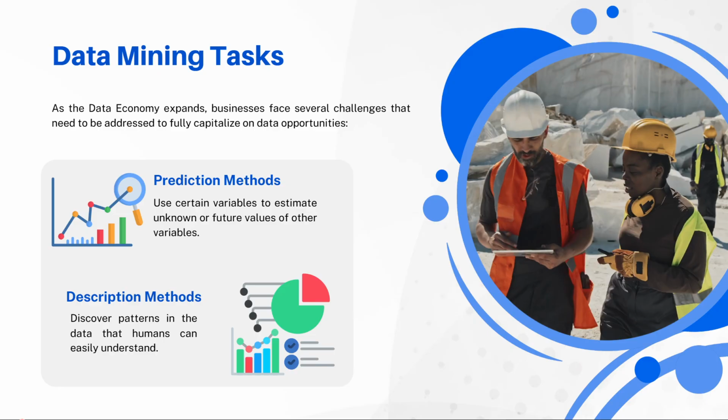And the description method discovers patterns in the data that humans can easily understand, which means we use the past data that we have collected and analyze it to understand what the data means and what the essence of the data is, for humans to capitalize on it and comprehend it.